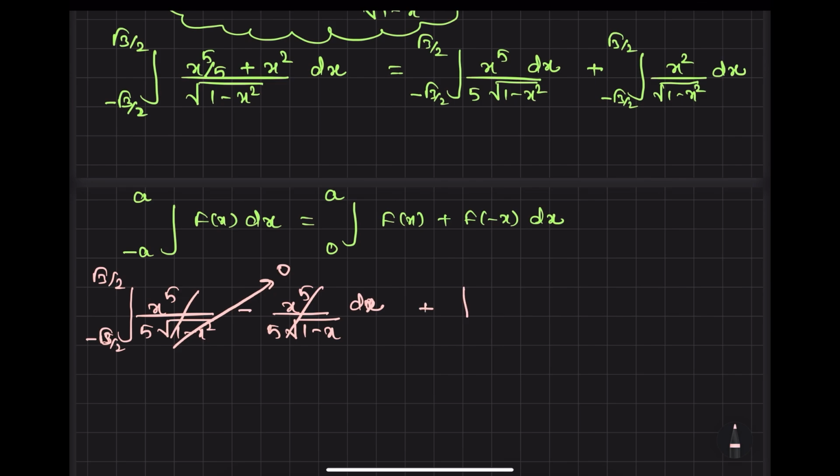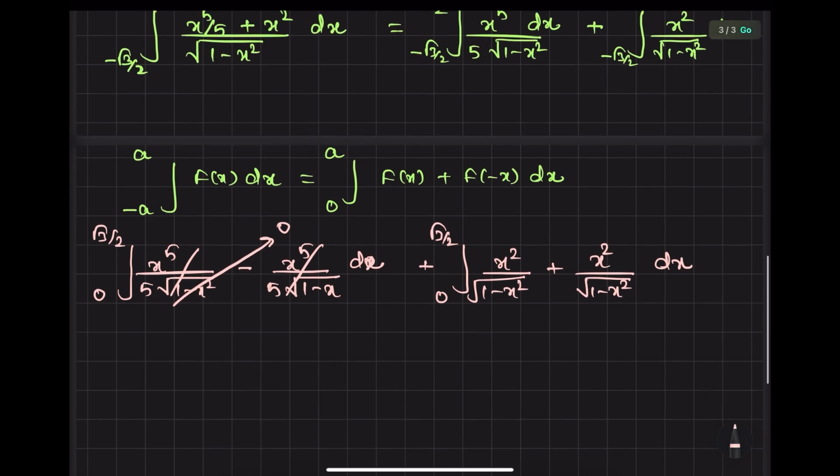Now we have the second component, from minus root 3 by 2 to root 3 by 2 of x square. Here again we will apply that property. From 0 to this limit, x square by root over 1 minus x square plus minus x square gives x square again, by root over 1 minus x square dx.